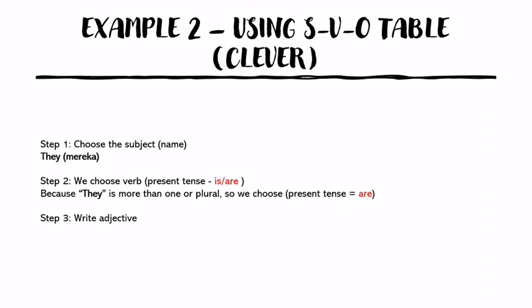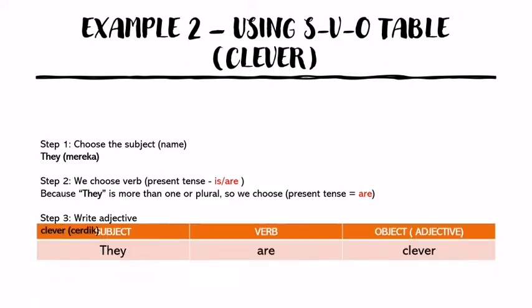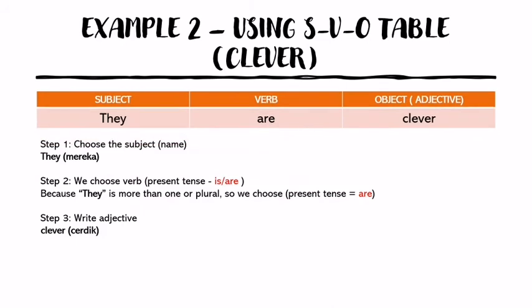So next we write adjective. Adjective that we choose just now is clever. So we put it here, clever. Next, we look at the table. So we put in subject, they, verb, are, object, clever. So the full sentence is, they are clever.